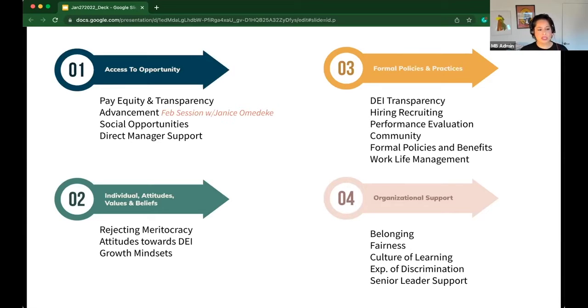Now, what I'm hoping to leave you all with today is you'll know really clearly the difference between pay transparency and pay equity, as well as some other vocabulary around it. We'll make the connection for you very clearly between what equity and transparency in pay has to do with DE&I, so that you can take it back to your organization and make a case with leaders if you haven't already started this work.